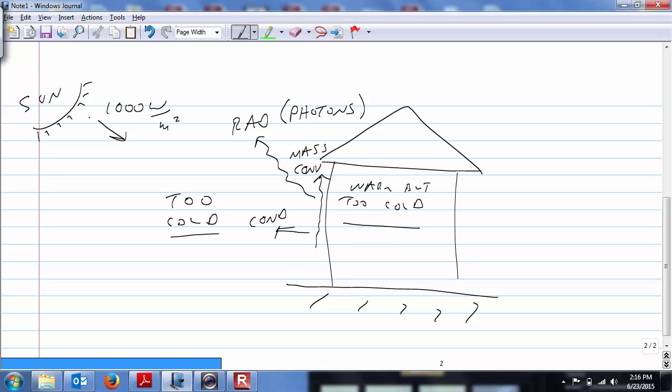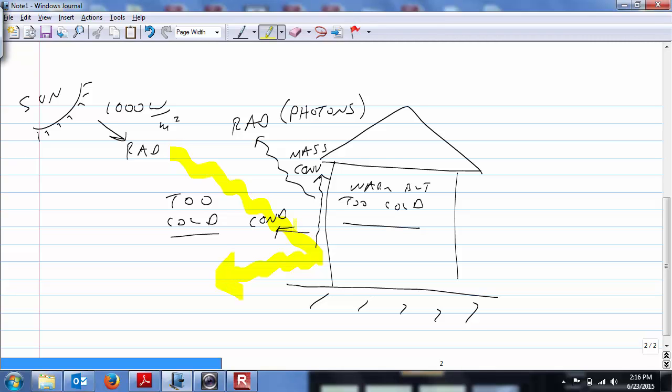Perfect. So we know all the energy that we get from the sun, it's not convecting or conducting energy to us. It's all coming from radiation. Okay, so here comes the efficiency part. Well, if this radiation is hitting the house, and let's draw a nice little sun ray coming in, it hits the house, it bounces off.